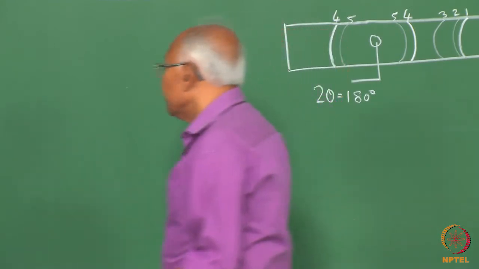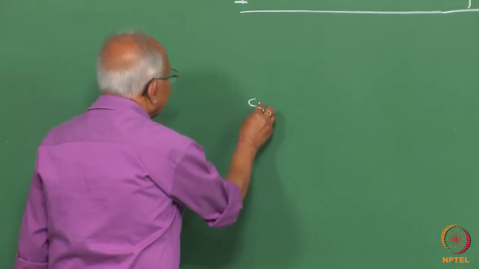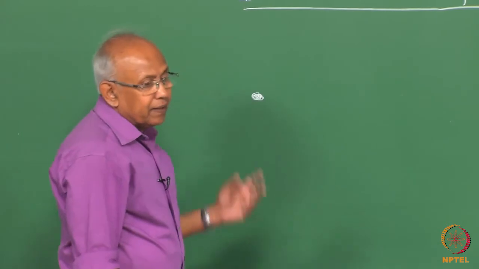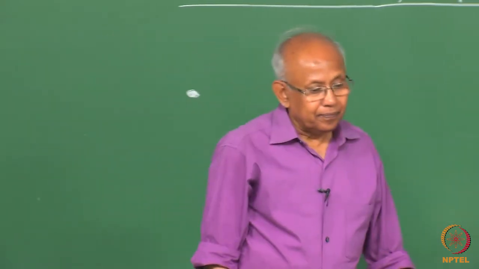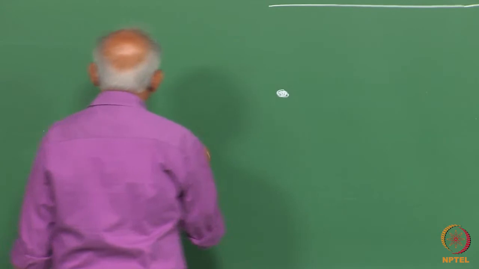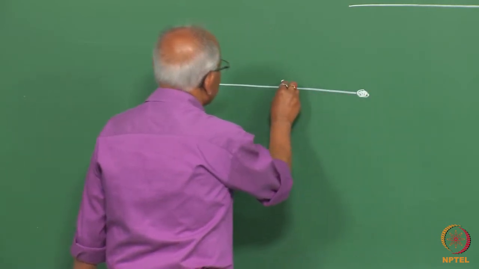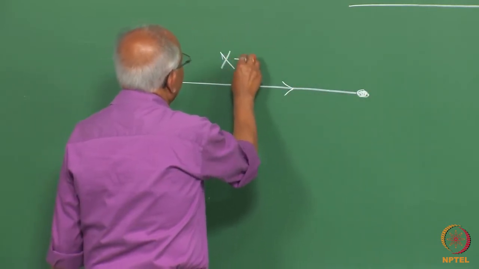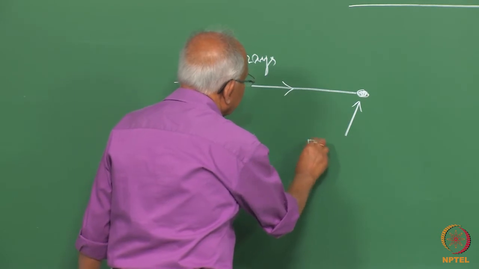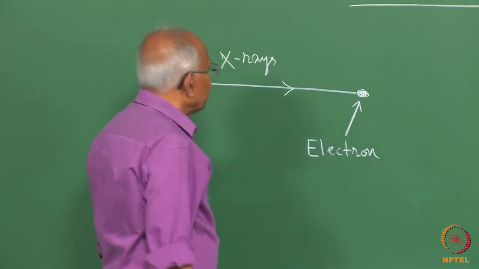Now, we know that when you consider an electron in an atom, and if we allow a beam of X-rays to fall on this electron, then what will happen?